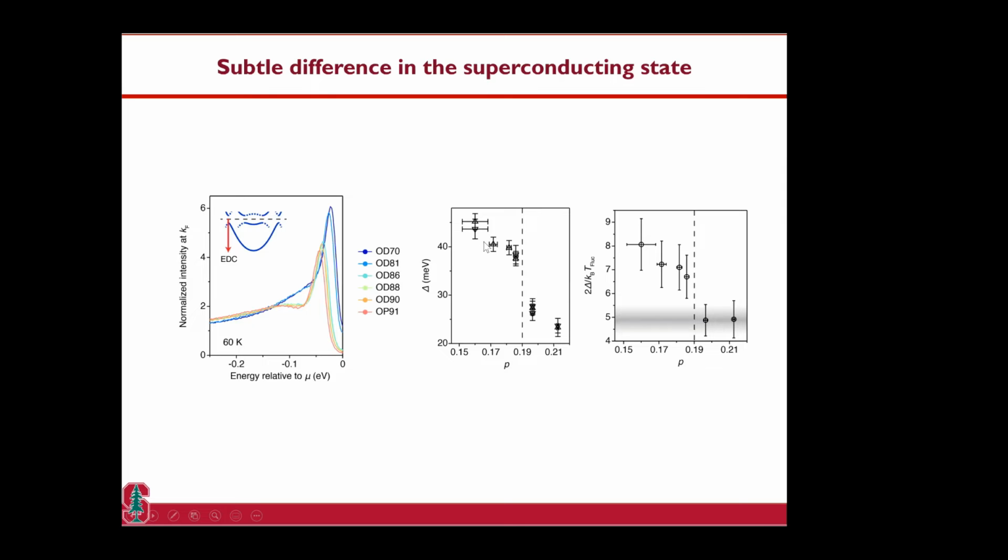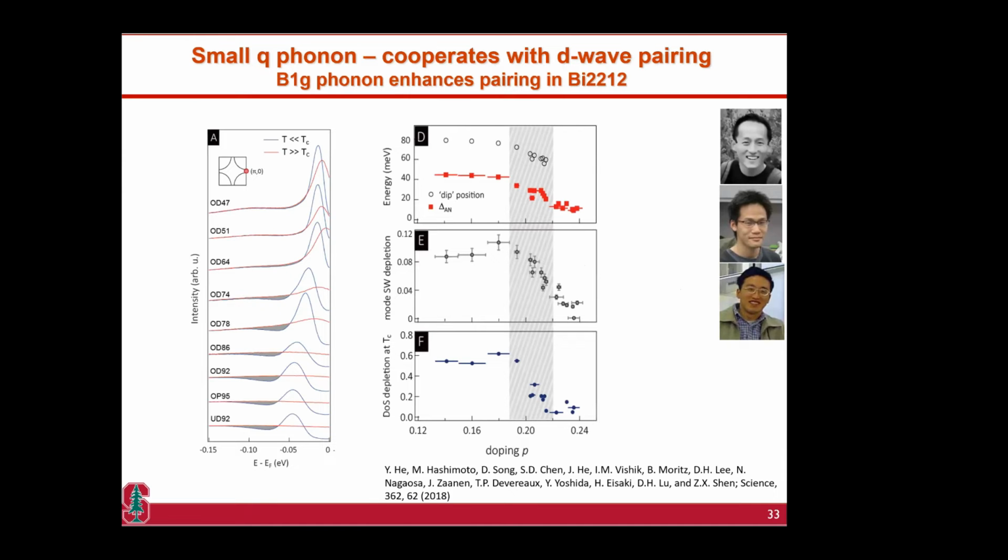And you can see indeed the energy position of this peak, which reflects the pairing, shows a pretty large change, certainly more than a factor of 2 in terms of pairing strength, crossing. This is also consistent with the sister's work of He earlier.